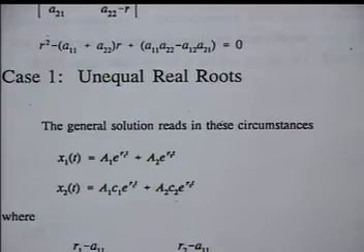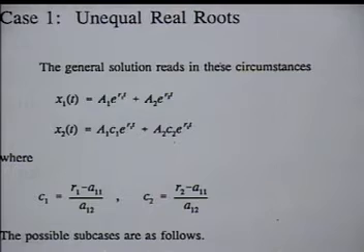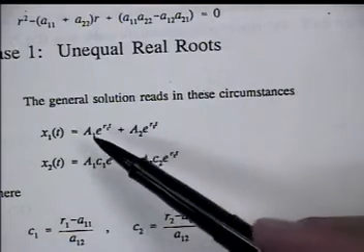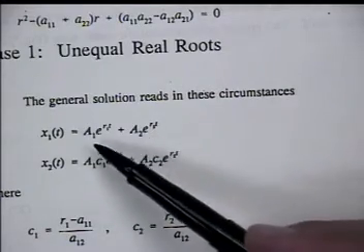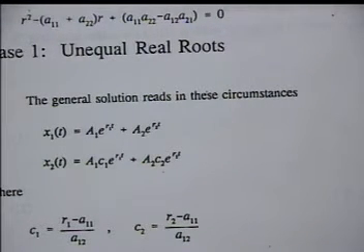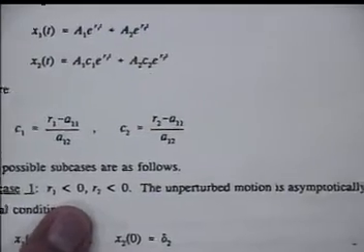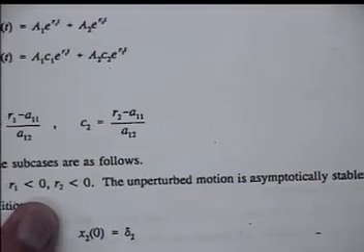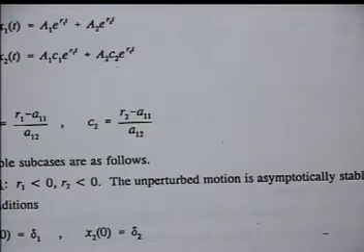I will prove that next time. But the main thing is that if r1 and r2 are negative, then this function is decaying when t goes to infinity. So what we will prove next time is that when r1 and r2 are negative, then the unperturbed motion is asymptotically stable.